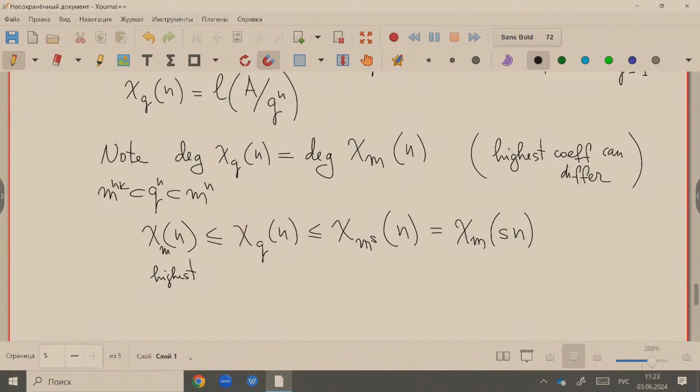So it looks like n to the power d. So this highest coefficient looks like n^d tilde. So you know a priori that these could be different degrees, but we know that these are polynomial functions.